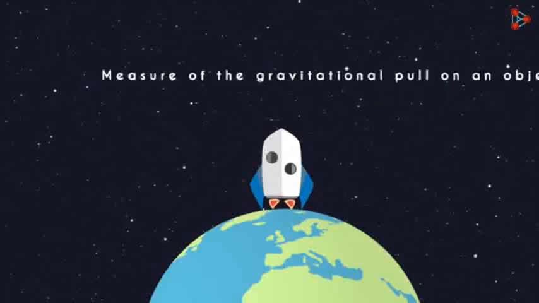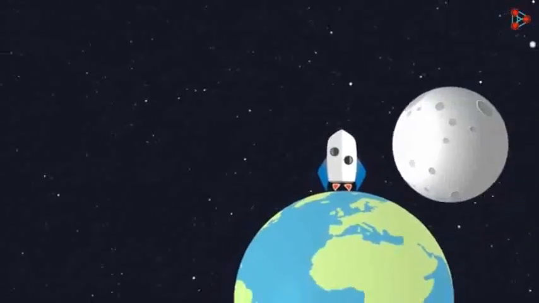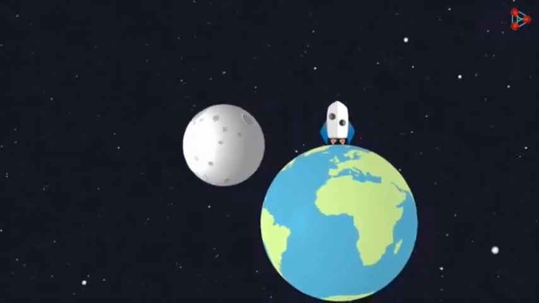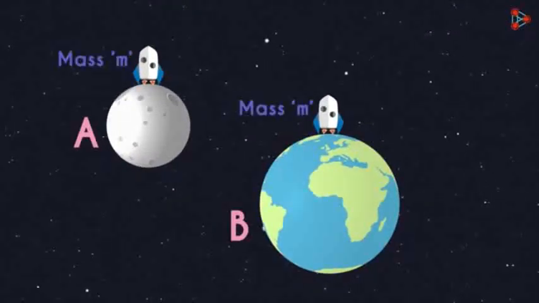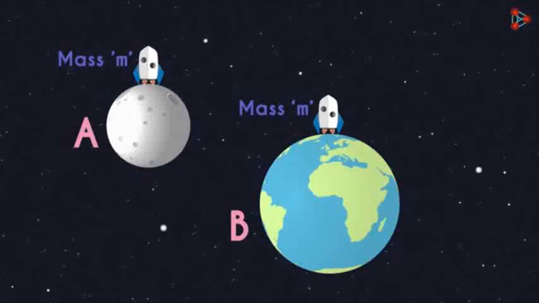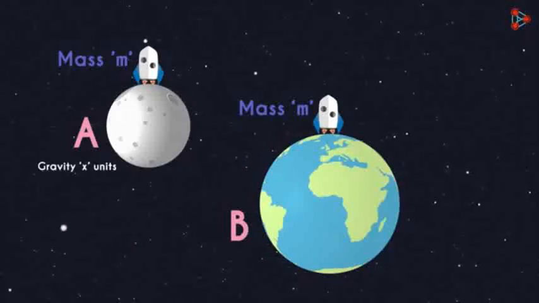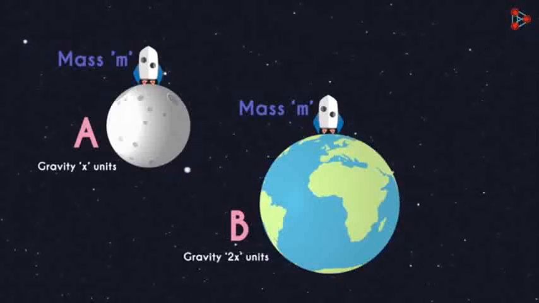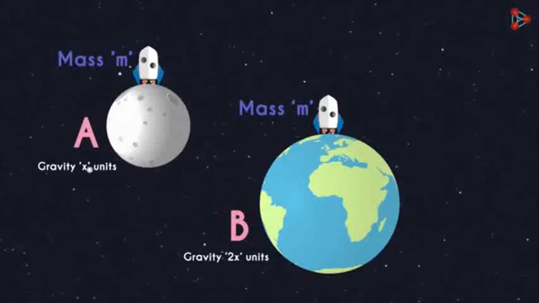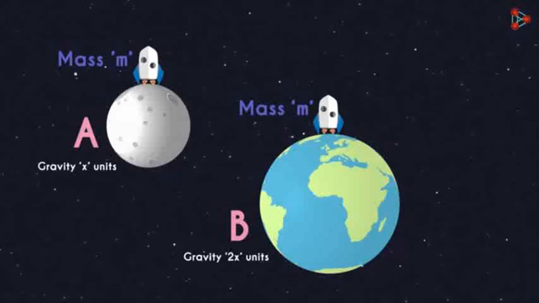Let's understand this using a simple example. Say there are two places, place A and place B, and there's an object of mass m. In place A, the pull of gravity is x units, and in place B, the pull of gravity is 2x units. Clearly, the pull of gravity is stronger at place B. Now understand this well.